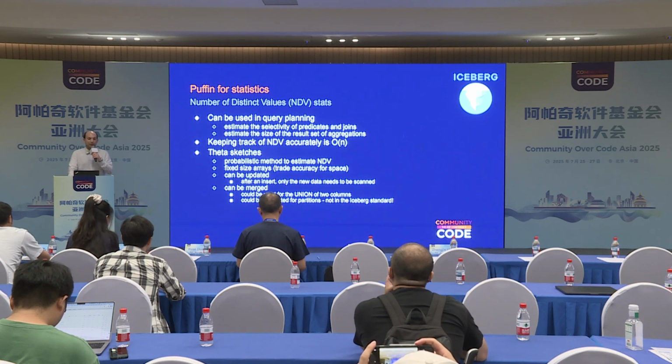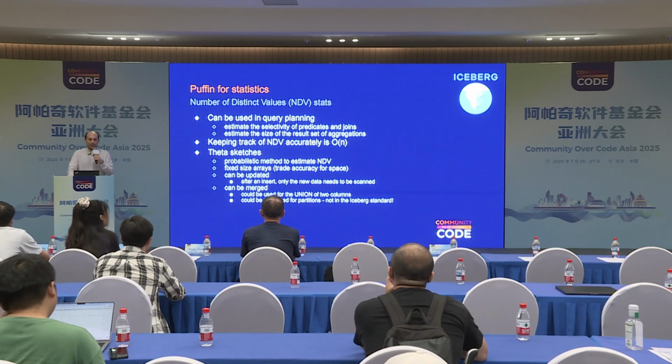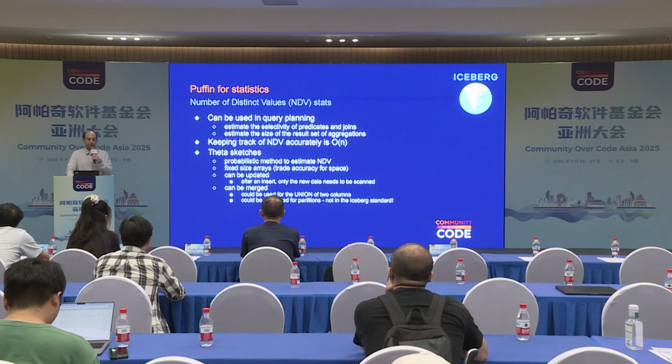But if you actually want to keep an accurate count of NDV in a column, you need to actually store the values, which is O(N), so most of the time it's prohibitively expensive. You don't want to use that much space. But fortunately, there are other possibilities. If the stats don't need to be 100% accurate, then you can use probabilistic methods to estimate the number of distinct values.